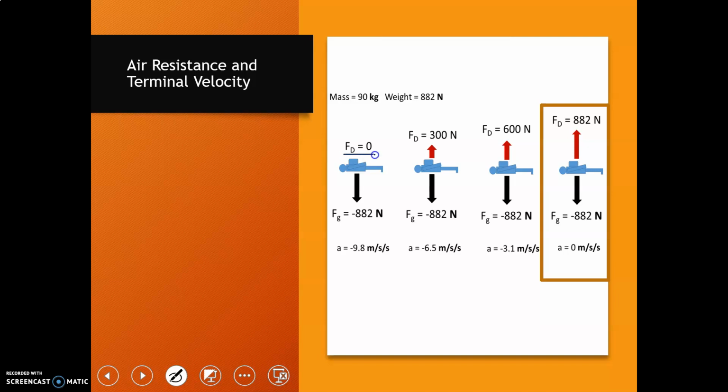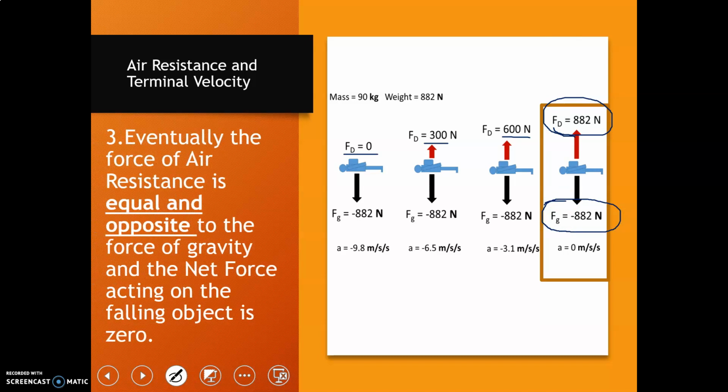So remember, we went from 0 to 300 to 600, and now our drag, or air resistance, is finally 882, which is the exact equal and opposite vector as our gravity vector, which is negative 882. So eventually the force of air resistance is equal and opposite to the force of gravity, and so the net force acting on the falling object is 0.